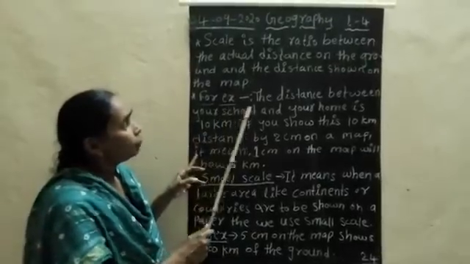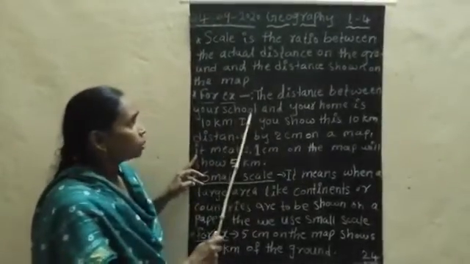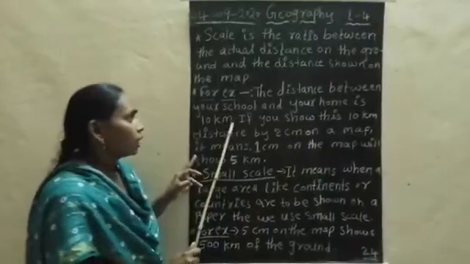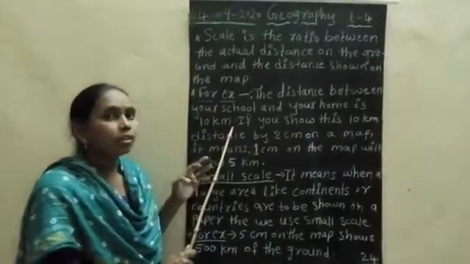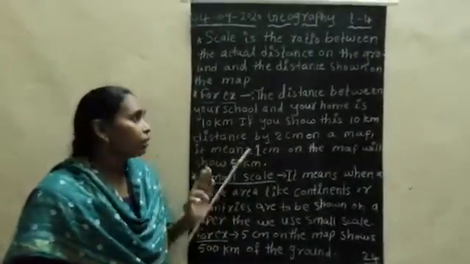For example, the distance between your school and your home is 10 kilometers. From home to school, 10 kilometers.